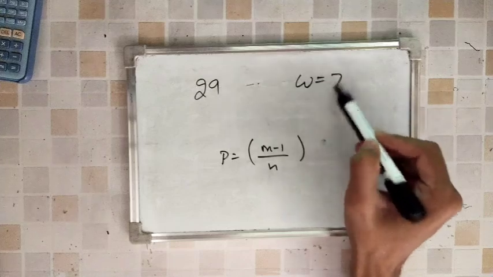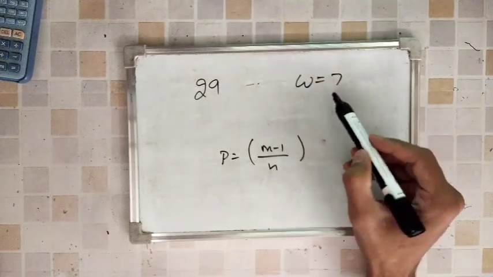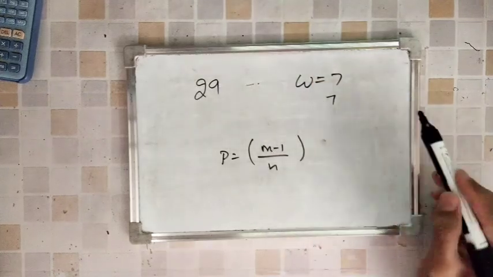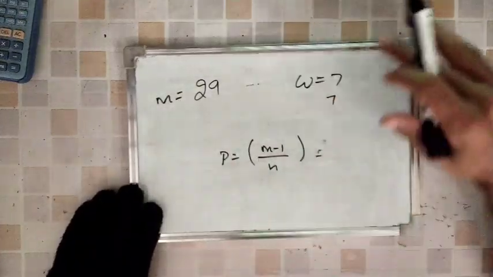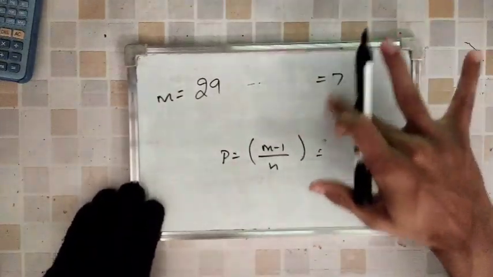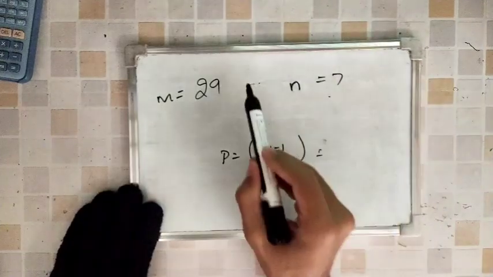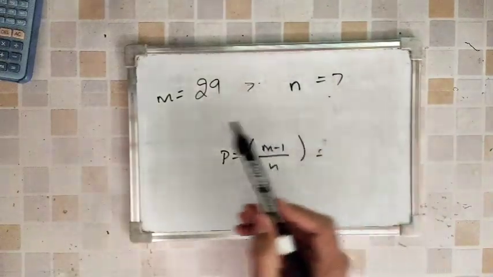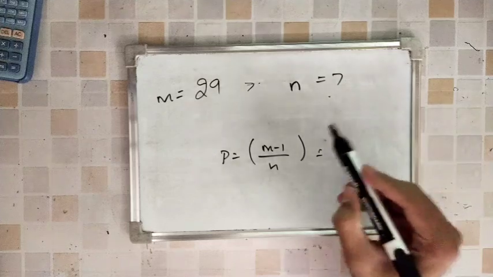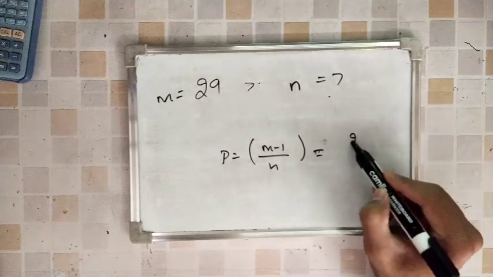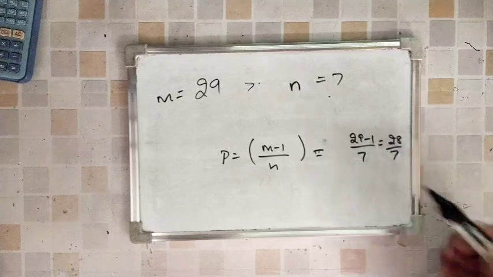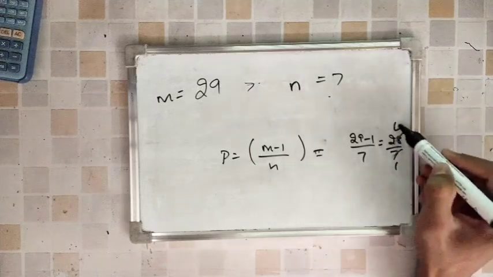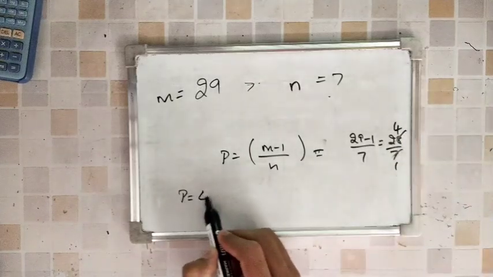A week equals 7 days, so my n is 7 and my m is 29. M should be greater than n, so we take the greater number as m and the lesser number as n. So 29 minus 1 by 7 is 28 by 7, which is 4. Therefore p is equal to 4.